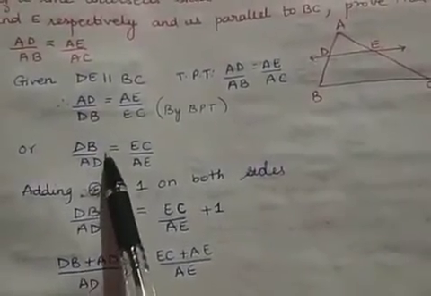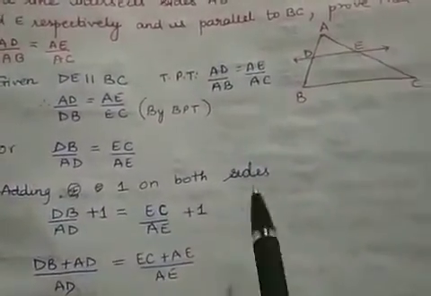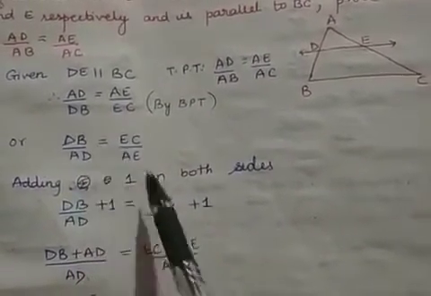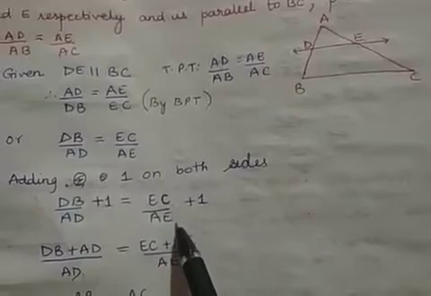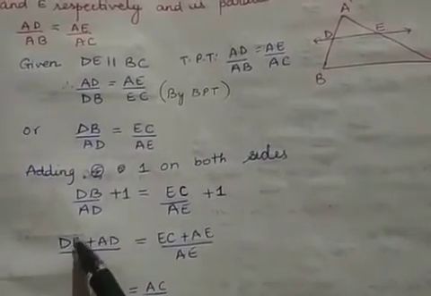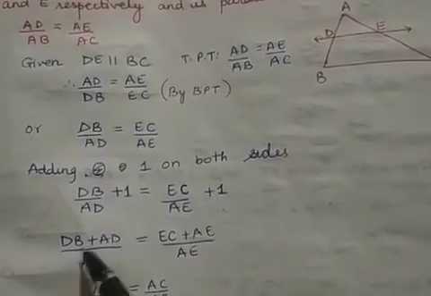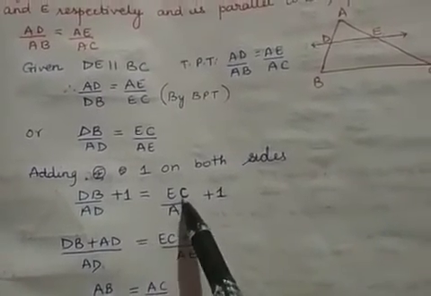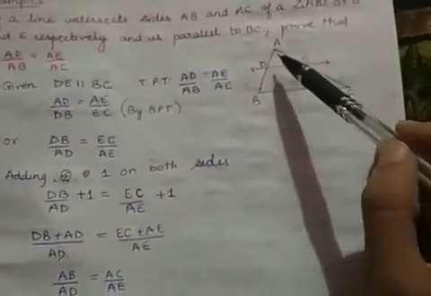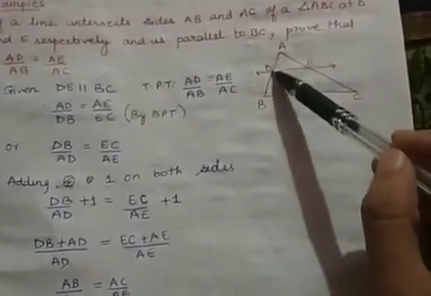First you take the reciprocal and then you add 1 on both the sides. So you get DB upon AD plus 1 will be equal to EC upon AE plus 1. Now when you take LCM, you will get DB plus AD upon AD equal to EC plus AE upon AE.